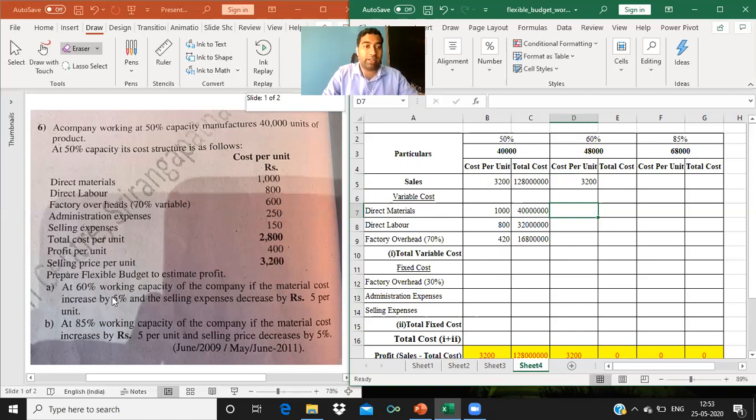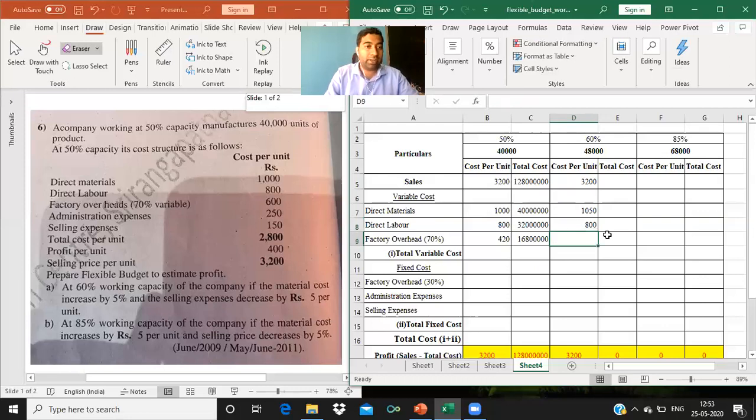Coming to direct material, it is given that at 60% working capacity, the material cost will increase by 5%. So that will be equal to 1000 into 1.05 will be 1050. Next, there is no information on the direct labor, so it is going to remain same at 800 rupees.